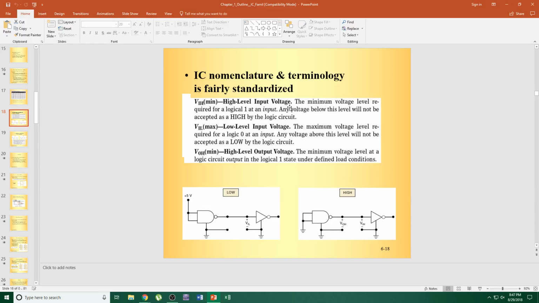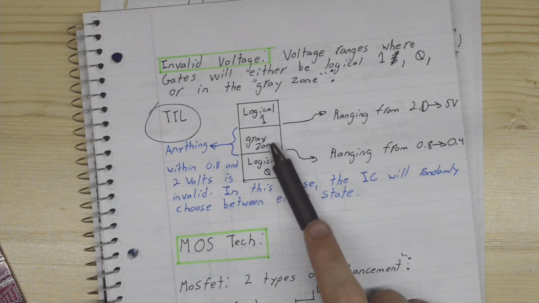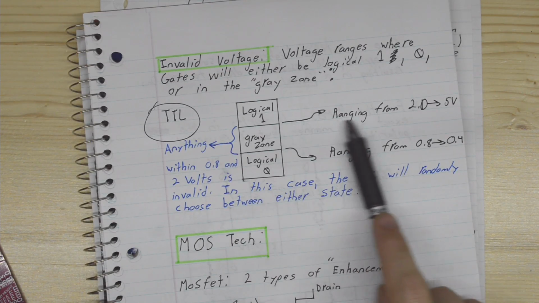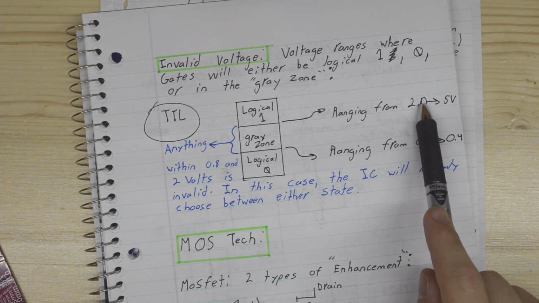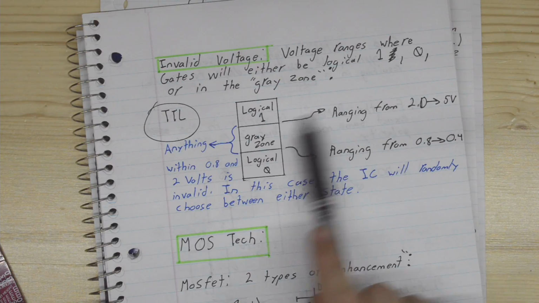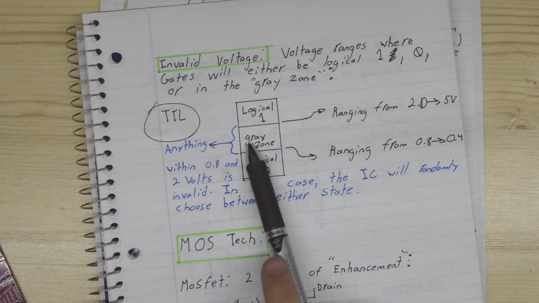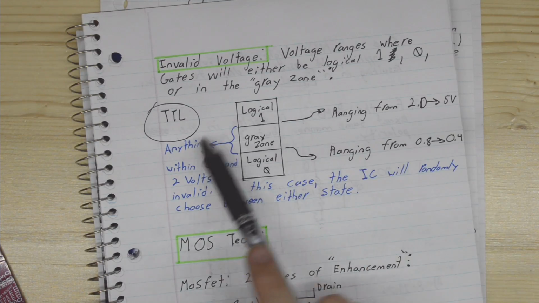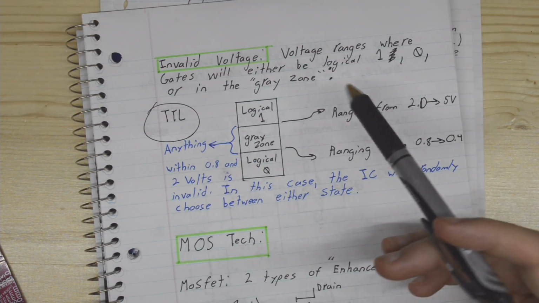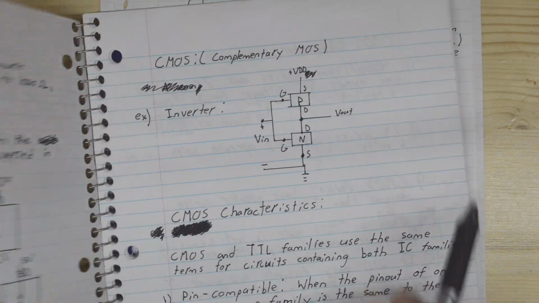What about high level input voltage? Well, in that case, it'd be the minimum, because if we take a look here, the minimum for it to be a logical high for TTL is 2 volts. Anything below that will go into the invalid state. So anything from 2 to 5, TTL, they run on 5.